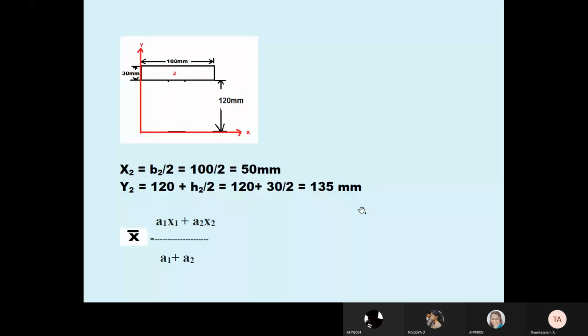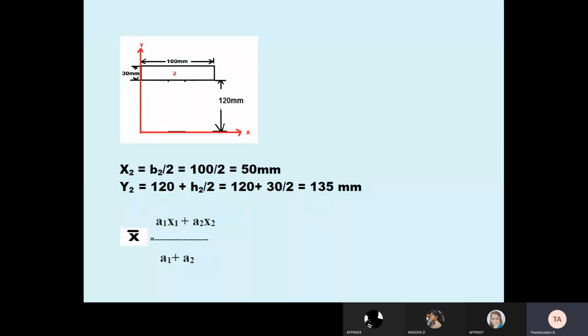135 mm. Okay. Students, one thing you have to understand clearly, keep in your mind. If the figure is touching the reference axis, you have to write the direct formula. If it is not touching the reference axis, then first calculate how much distance away it is from the reference, then add the center distance.